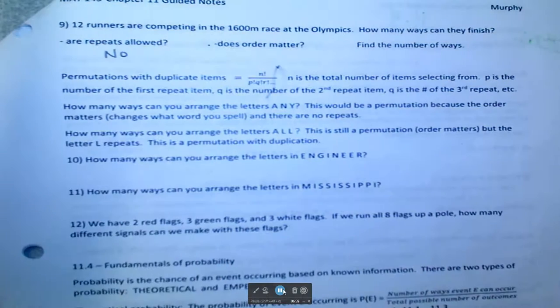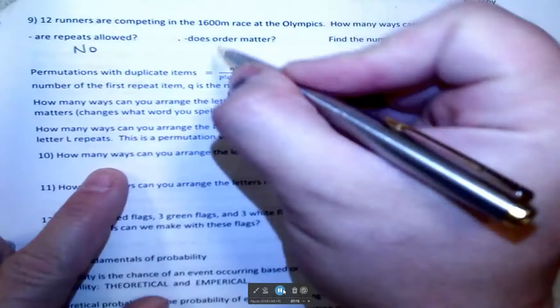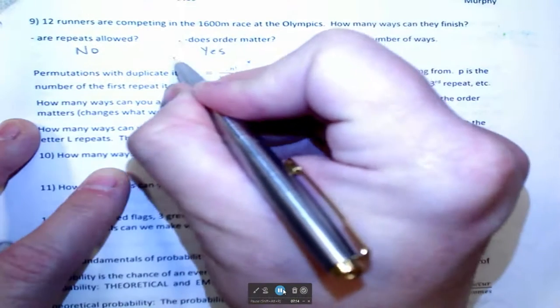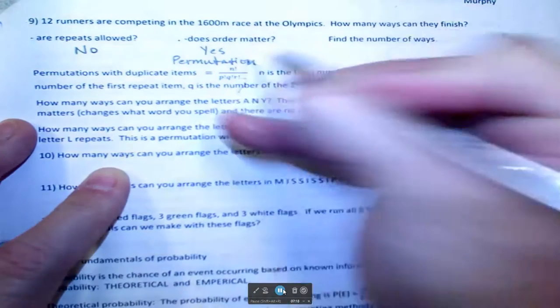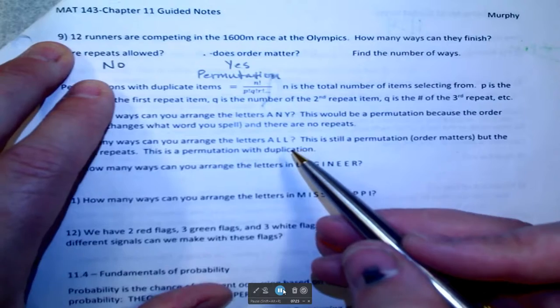Does the order matter? Well, if you've ever played sports, I guess the question is, do you want to win a gold medal or do you want to win a bronze medal? Well, because obviously everybody wants to win a gold medal, yes, the order does matter. That makes this a permutation. Okay, find the number of ways. So what do we know? We have 12 runners.